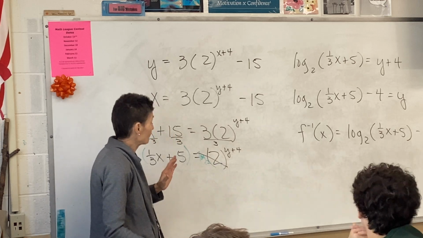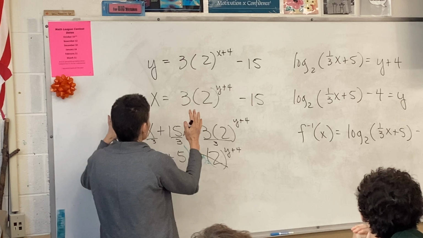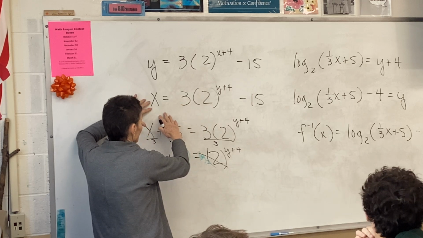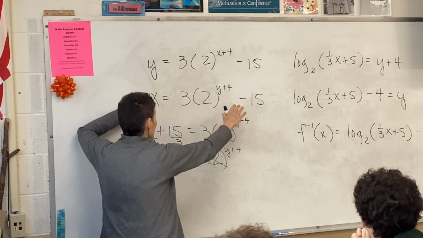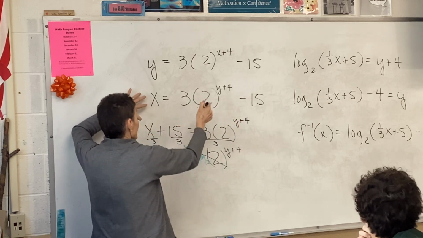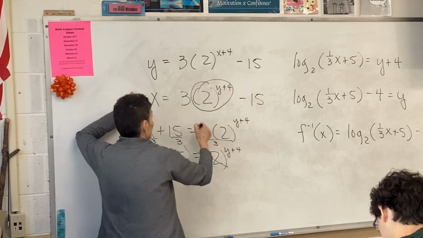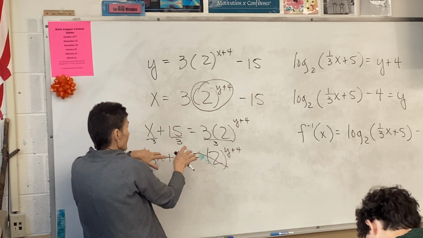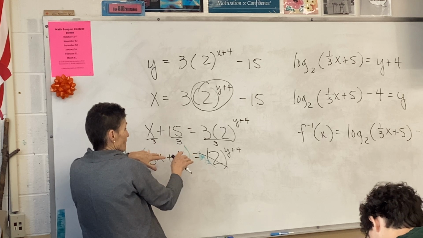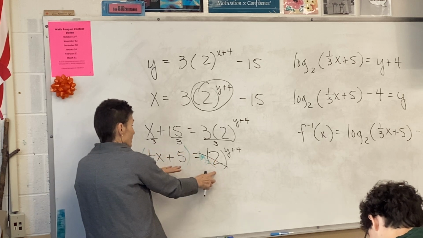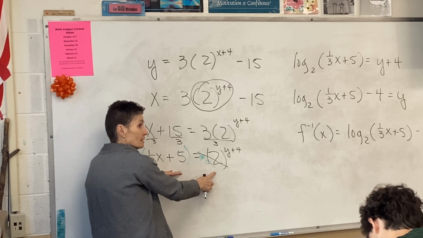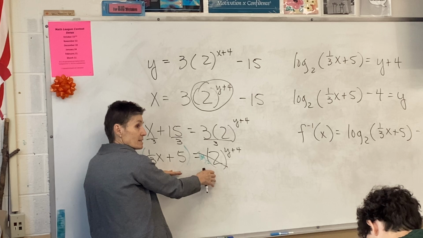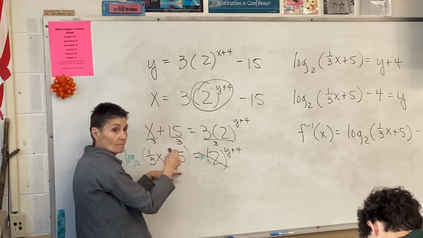So let's go through that one more time and make sure everybody's okay with what just happened. We switched our variables. And then we started just trying to get this by itself. So we added the 15, divided by the 3. And then this is the magic step. Once we got this 2 to the power by itself, we logged both sides.